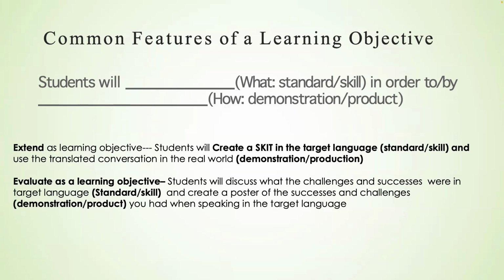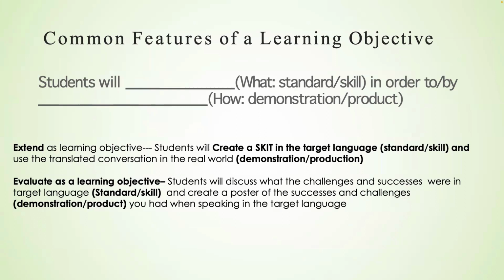So I took the liberty of making learning objectives from our last 2 lines of our example. So extend is the learning objective. So students will create a skit in the target language, that's the standard or skill, and then use that translated conversation in the real world, that's the demonstration or the product.